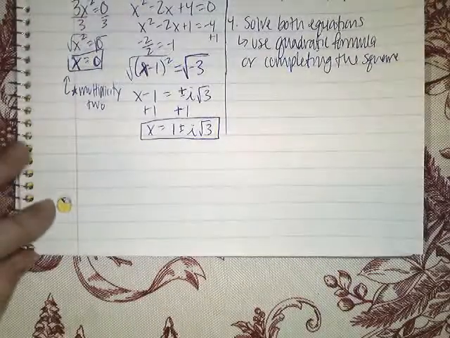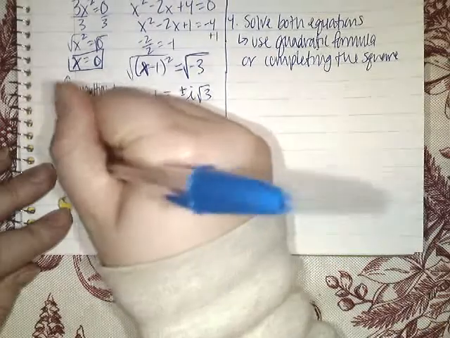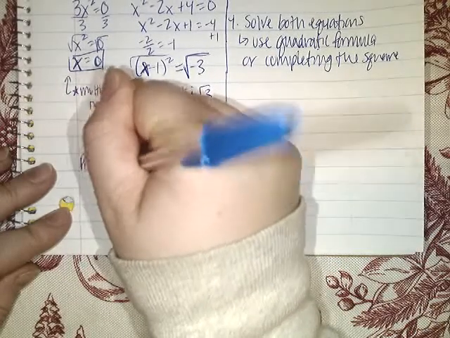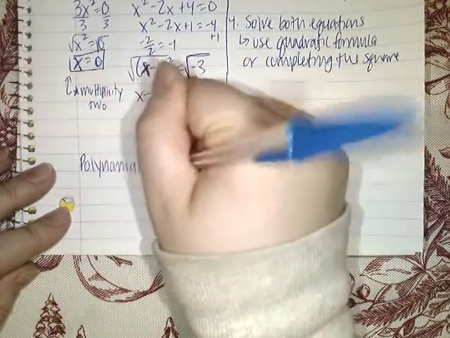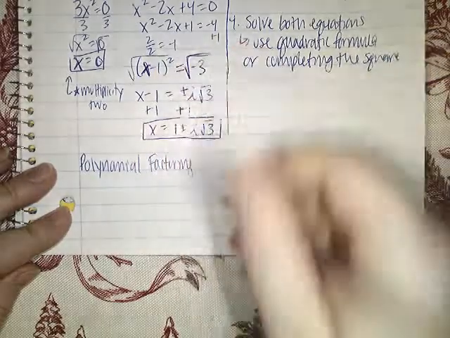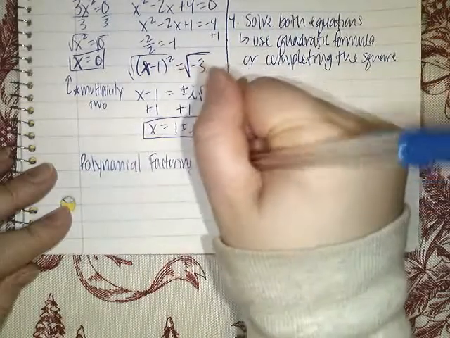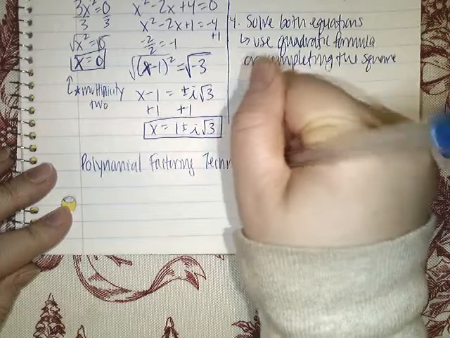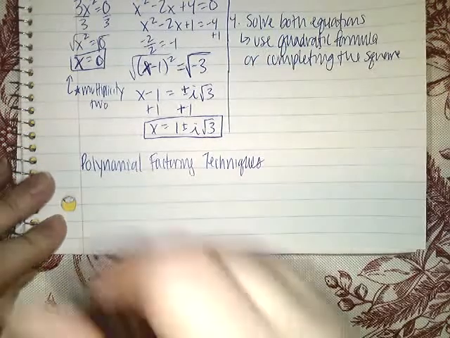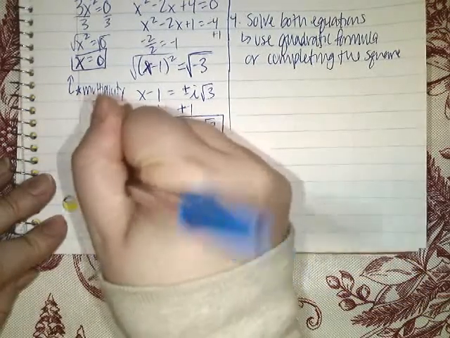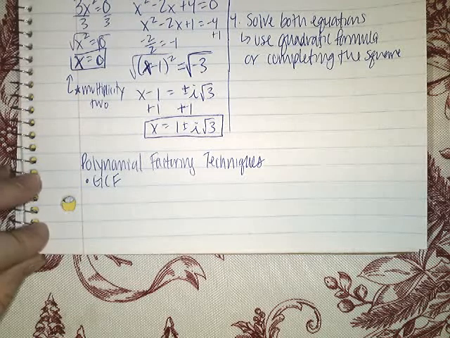But just a quick refresher from our methods of factoring. So polynomial factoring techniques. And I'm going to show us one new one in addition to the ones we know. So we know how to factor out a GCF. We just did that in our last example.